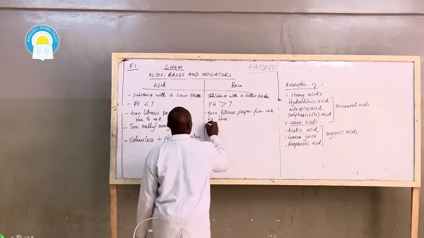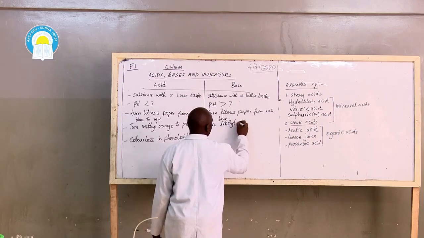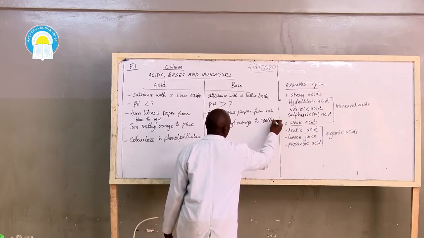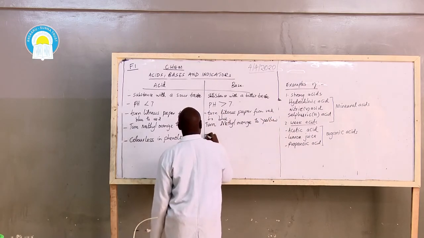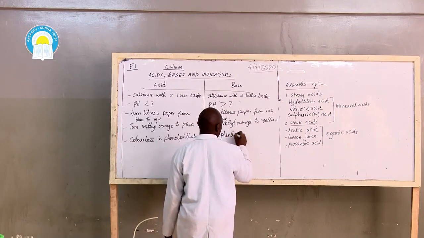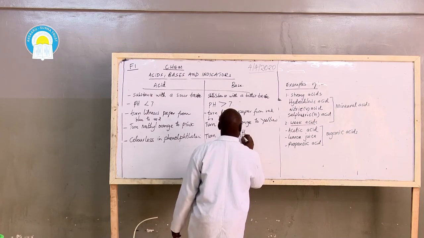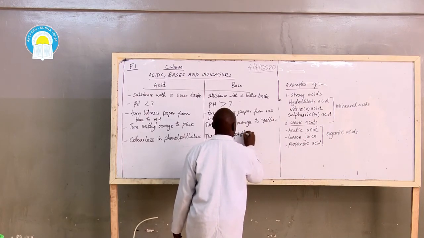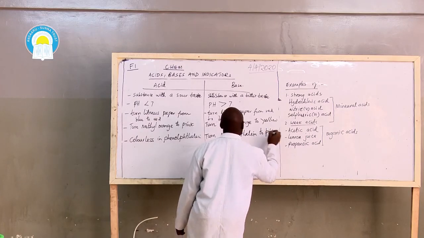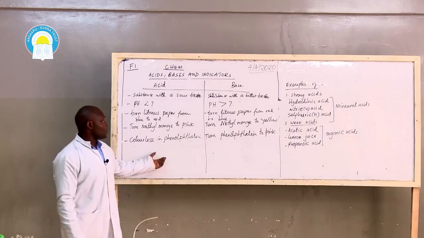Here, a base will turn methyl orange to yellow. And here it will turn phenolphthalein to pink. Any substance that will turn phenolphthalein to pink is a base.